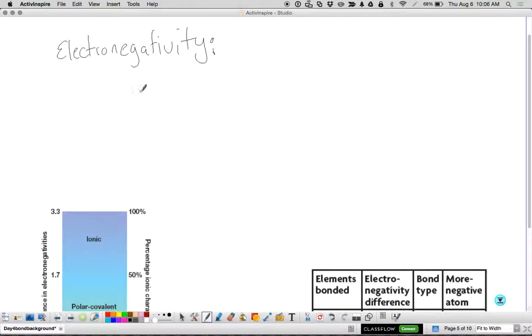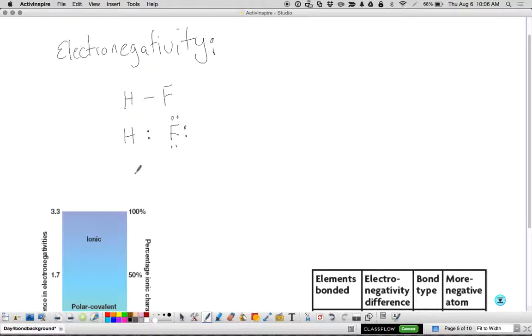So for example, if I took a bond like HF, okay? Now, the other way of representing that is showing these 2 electrons being shared between the fluorine and the hydrogen. Now, there is a big difference in electronegativity between hydrogen and fluorine.